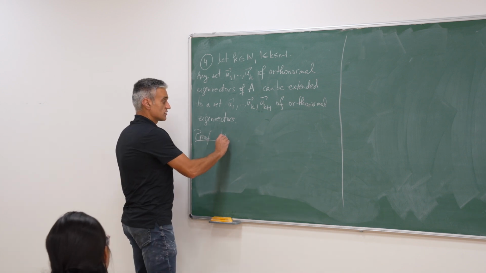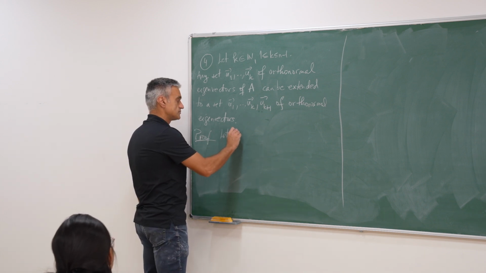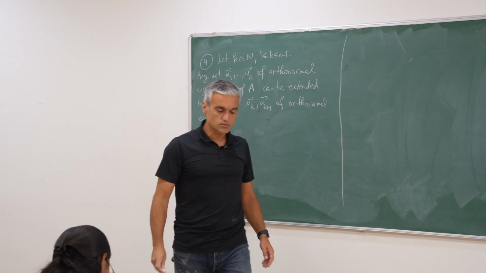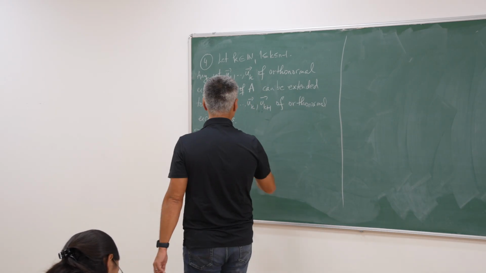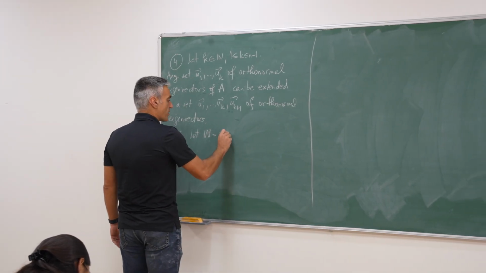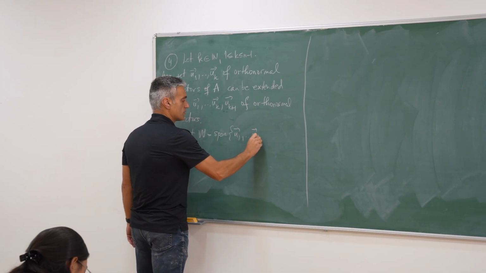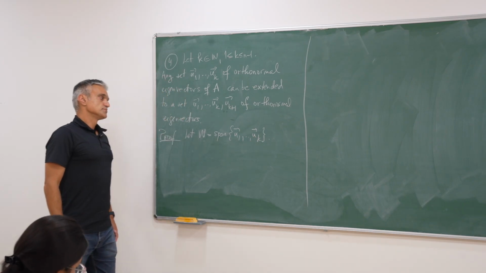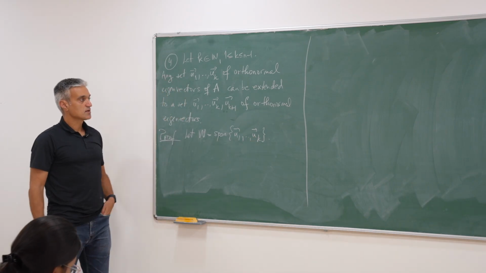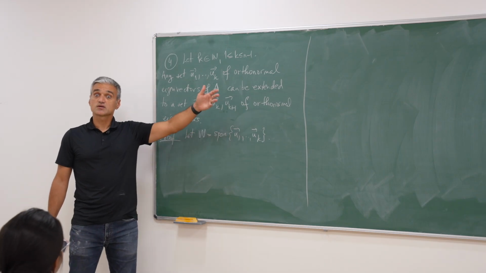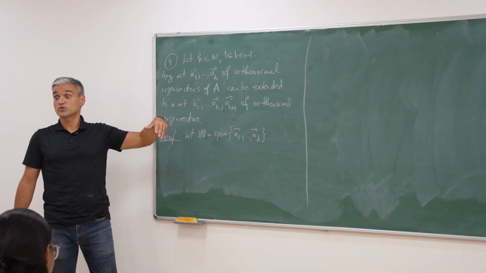So let's, what did I call it? U, W. Okay, let's call it W. Let W be the span of U1, ..., UK. Okay. Now, what's so special about W? Because these are eigenvectors, think about what we've done so far. What can I argue about W?